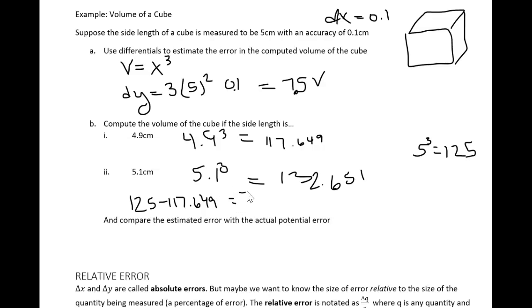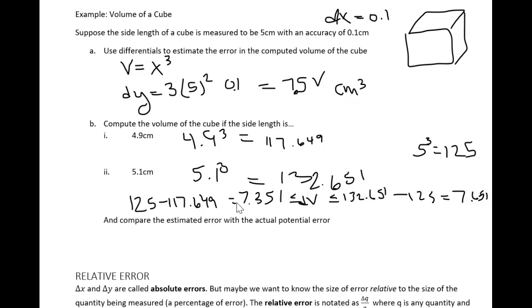Gives us 7.351. And then on the high end, that's our dV, we've got 132.651 minus 125, which is 7.651. So our estimated error was about 7.5 cubic centimeters.